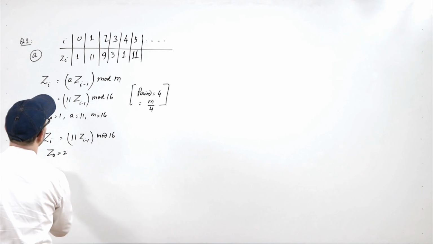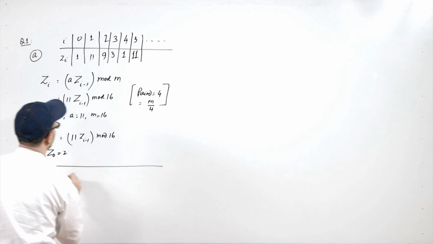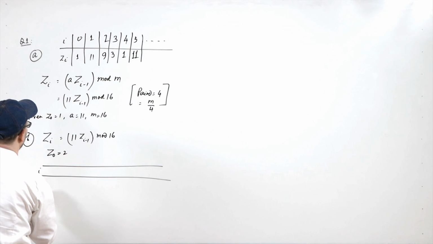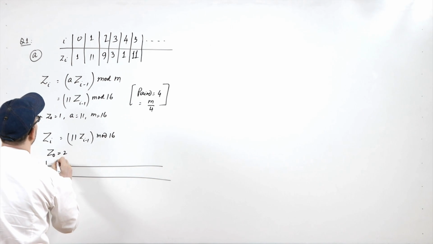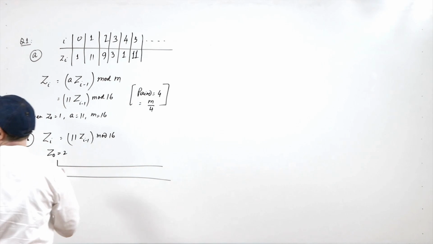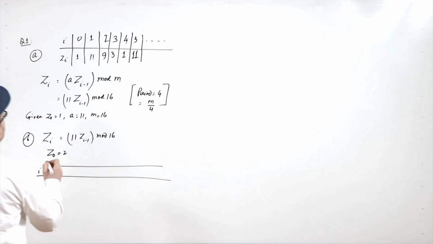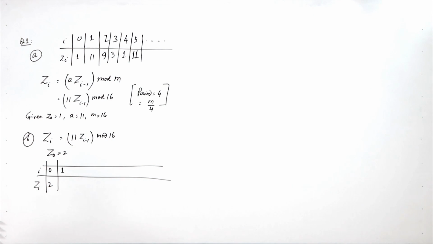So you have I and you have Z I. Once I is 0 it is 2. Now how will it move? In the first case, 2 into 11 is 22 mod 16, so it will be 6.